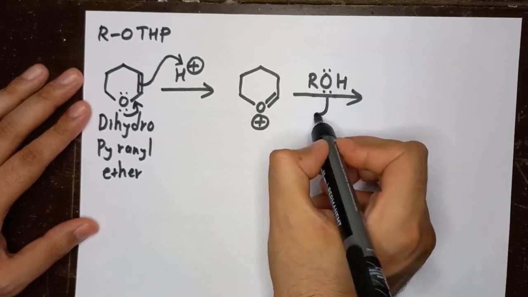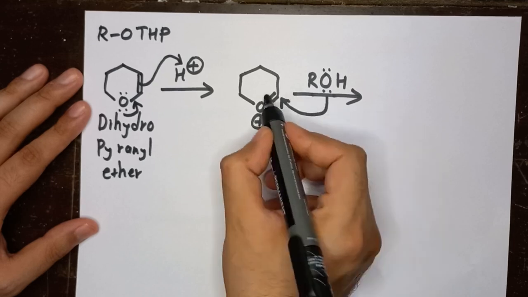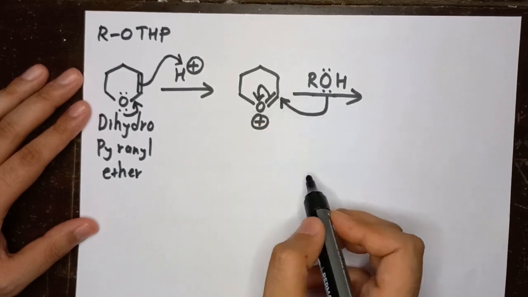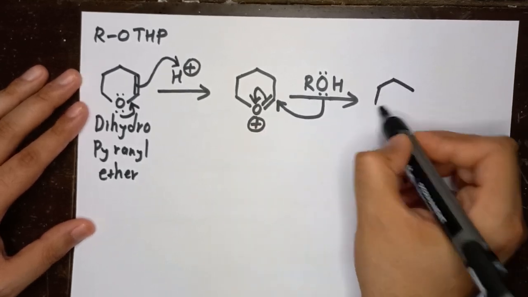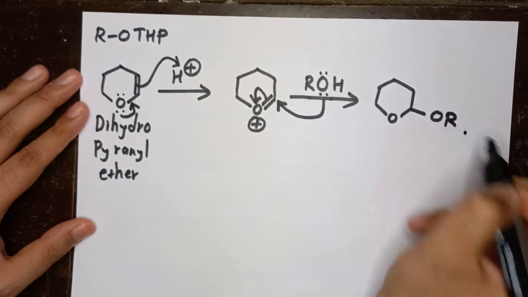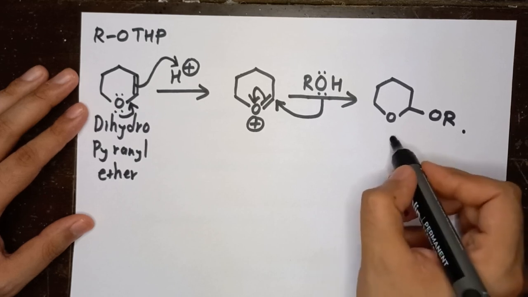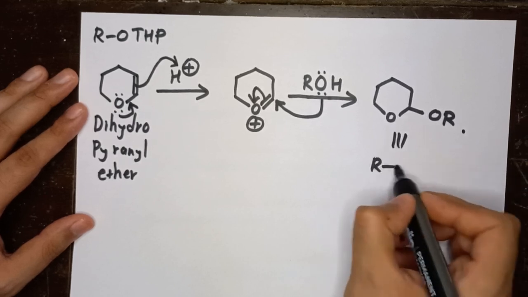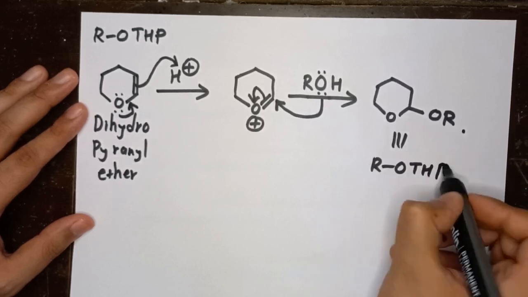and this oxygen lone pair will now attack at this carbon, neutralizing the oxygen. So you have formed this molecule, and this is what we call the RO-THP.